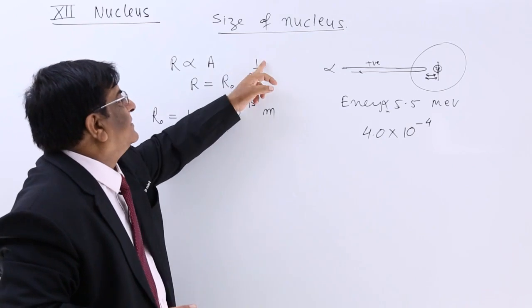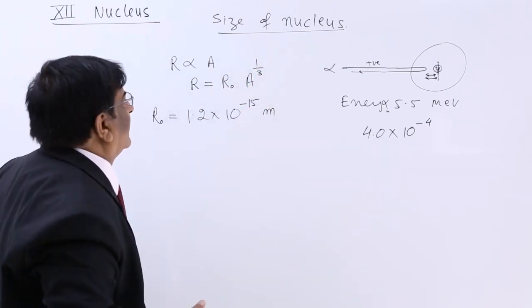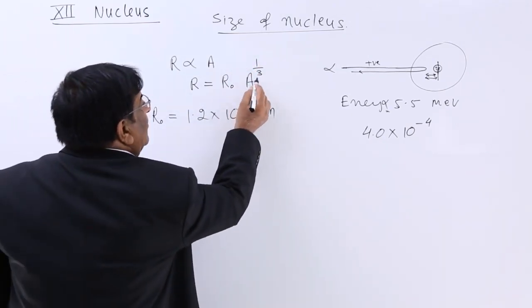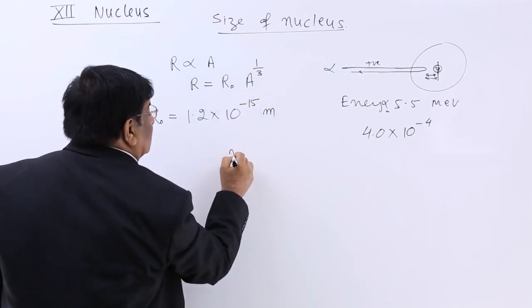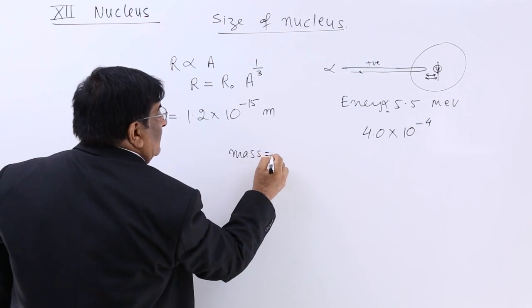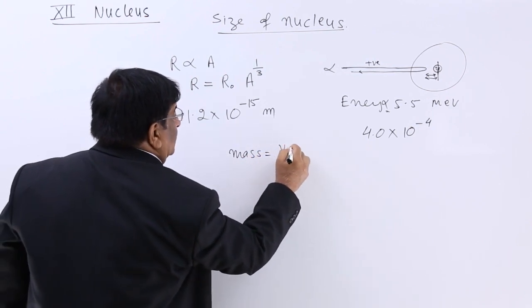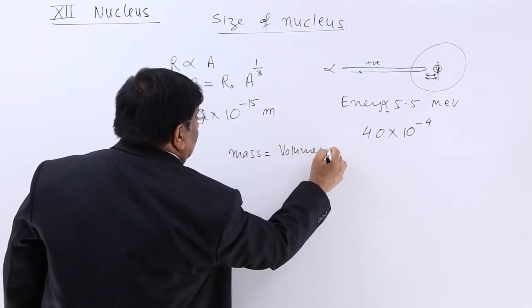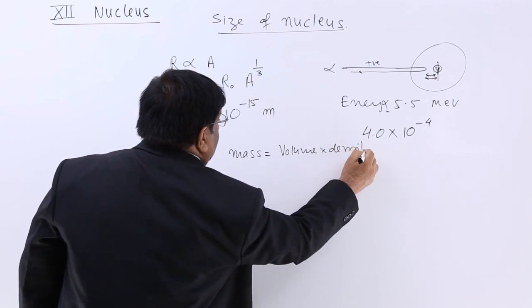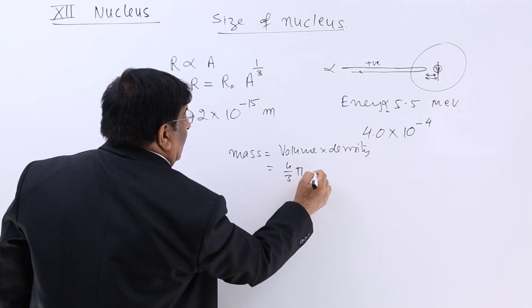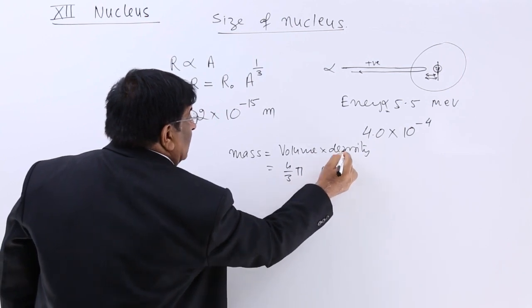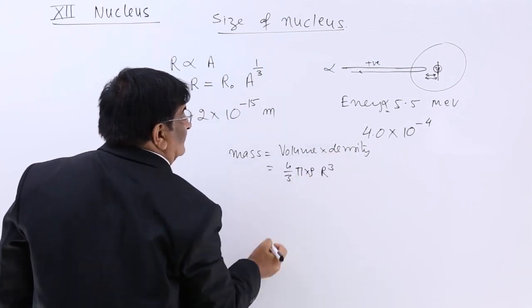Sometimes students think, why is this 1/3 there? The 1/3 is there because this governs atomic mass, and mass is equal to volume into density. Volume is 4/3 pi r cube, and into density.